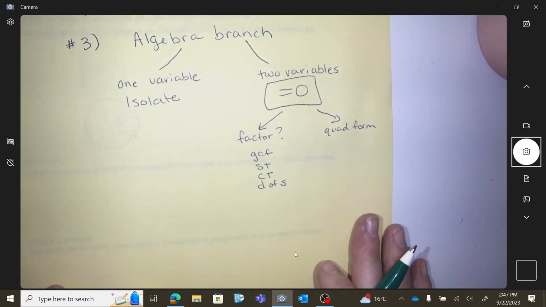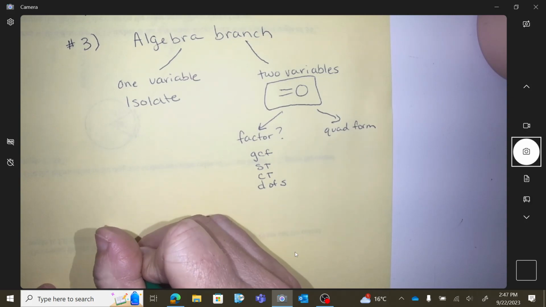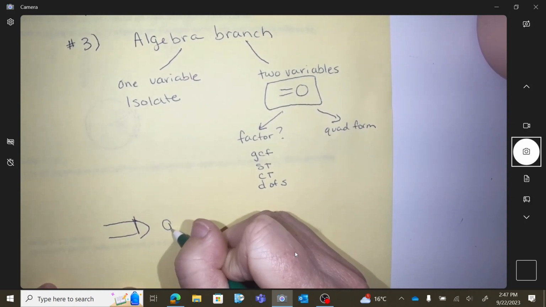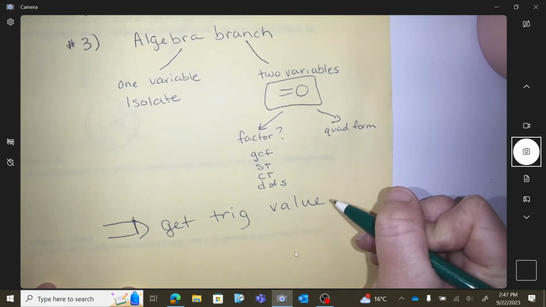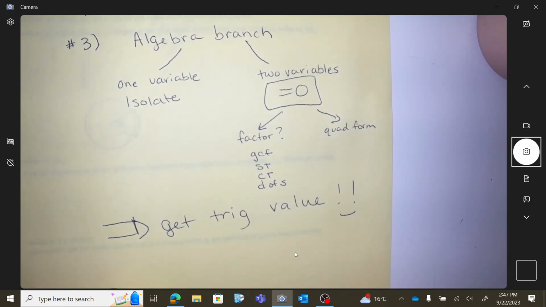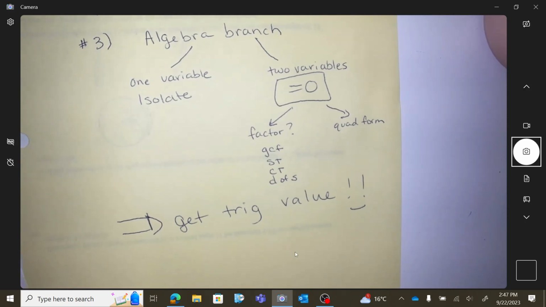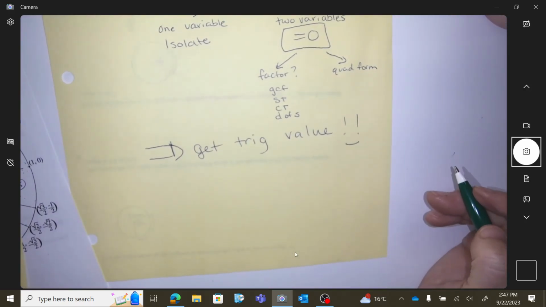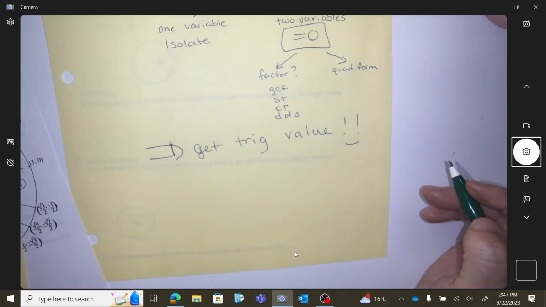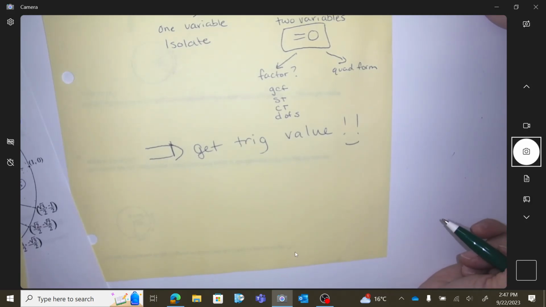Once you're done that, you would get a trig value. All that work gets you a trig value. So don't quit there, because all that work was just for trig values. So now you jump into the angle mode thing.